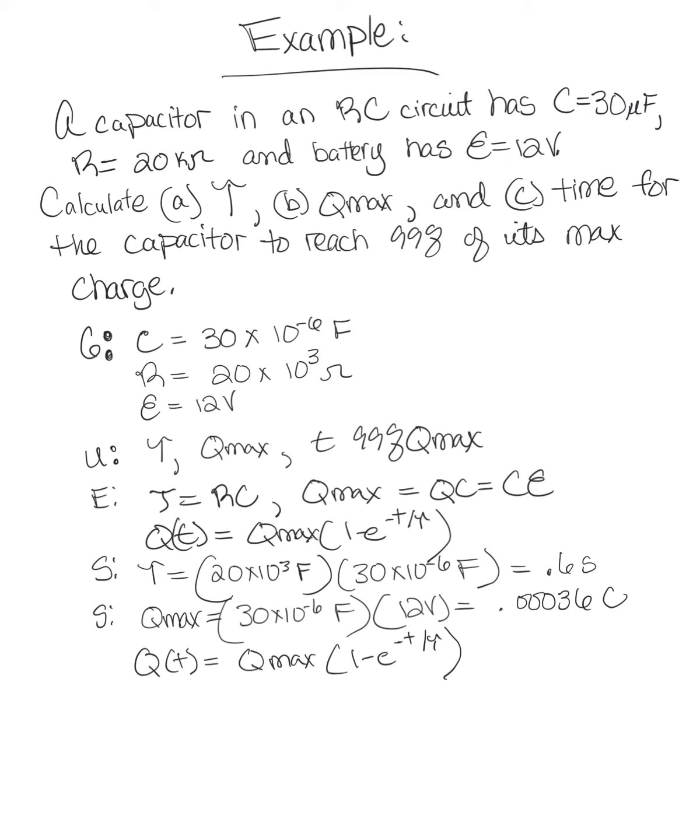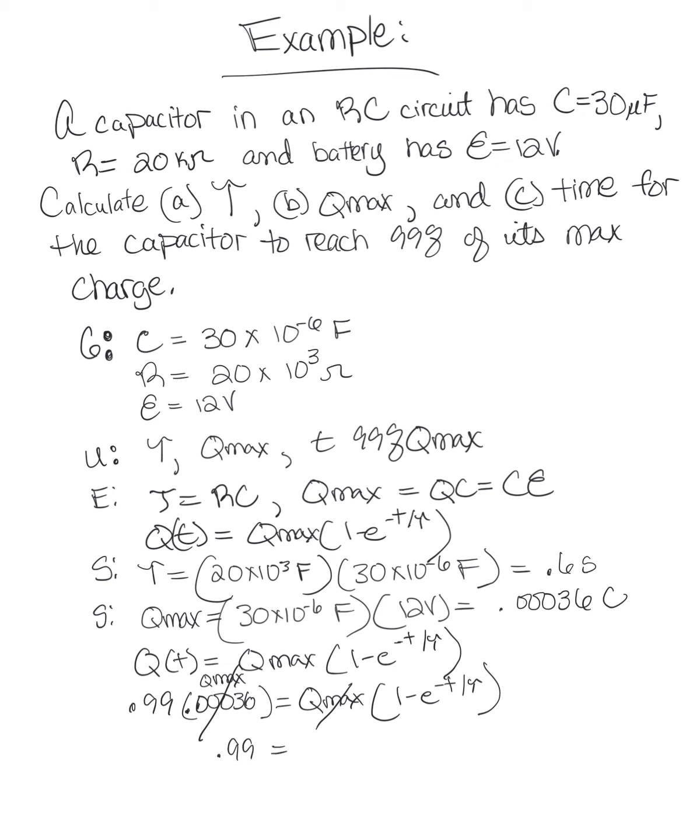So we will say 0.99 times Q max, which is, oh, forgot a 0, equals Q max times 1 minus e to the negative t divided by tau. Well, our Q max cancels because it's on both sides.